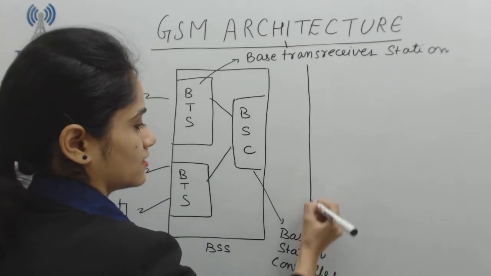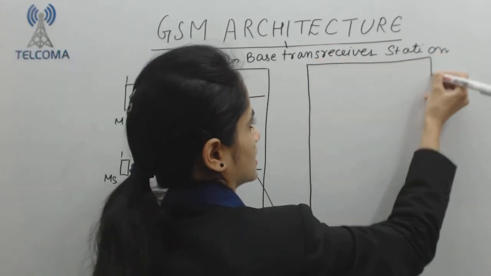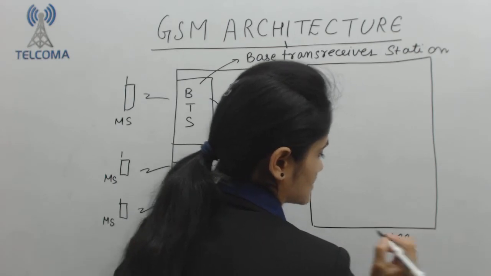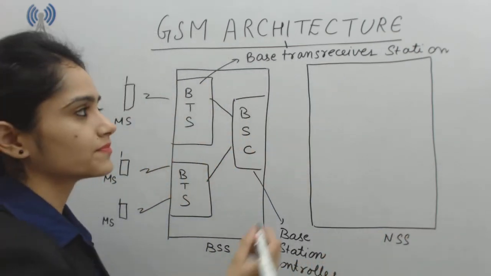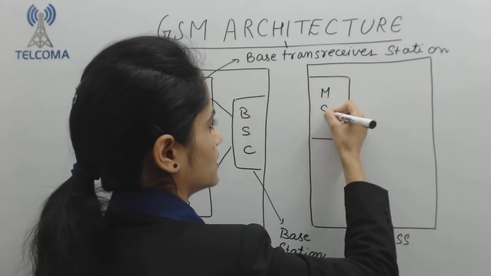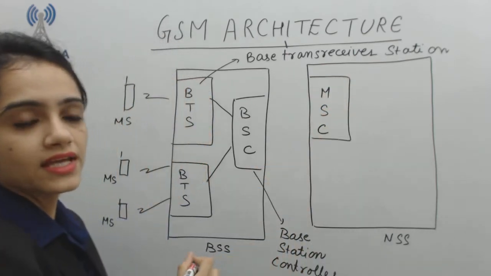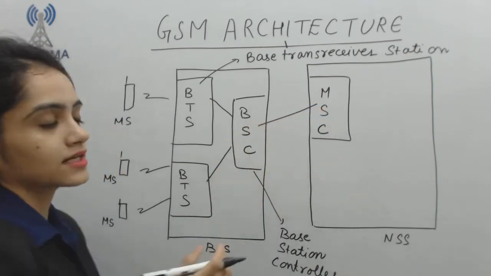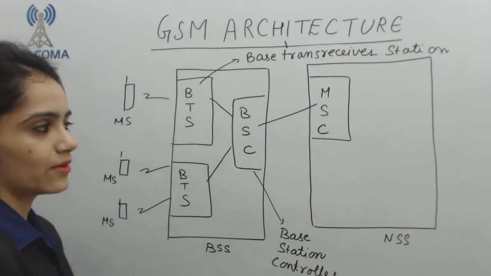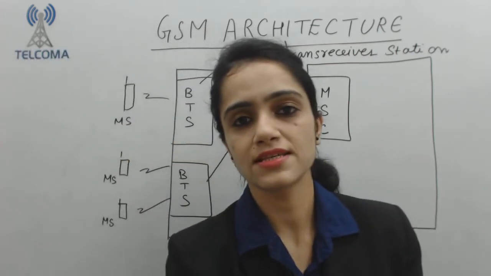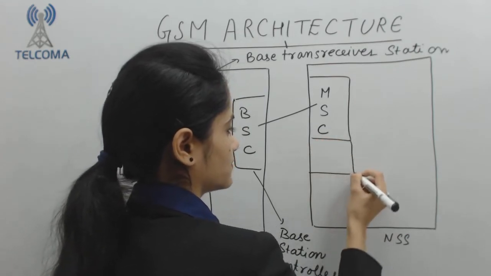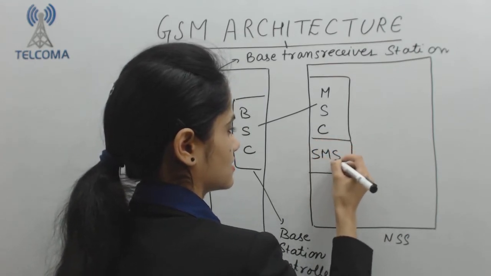Now we require another part, and this is my NSS part, where NSS is network station subsystem. In the network station subsystem I have a unit, and that unit is MSC. That means all BSCs are controlled by the mobile switching center, which is MSC. Now MSC has a number of databases attached to it. MSC has a part known as SMSC.